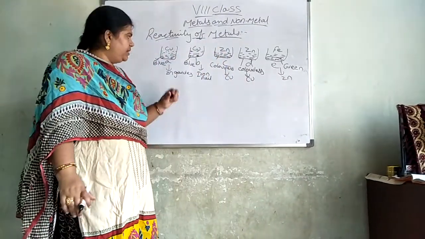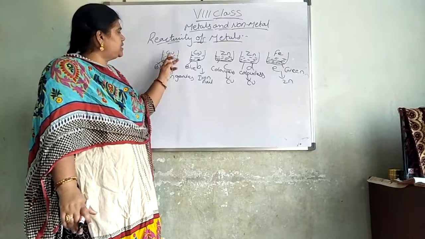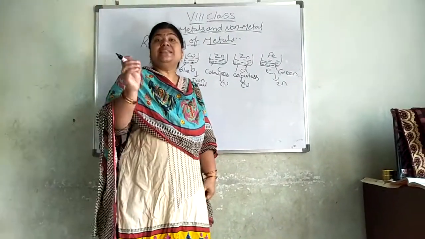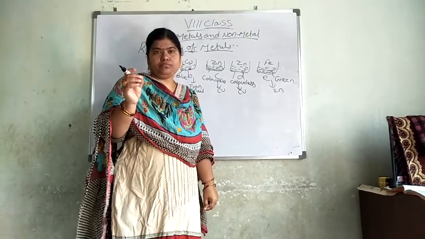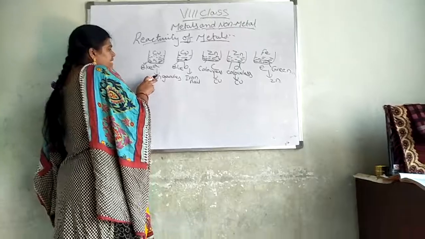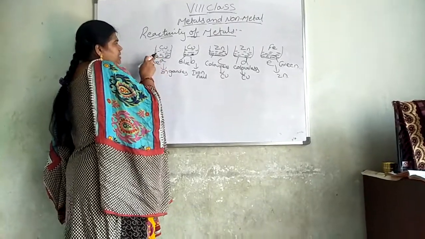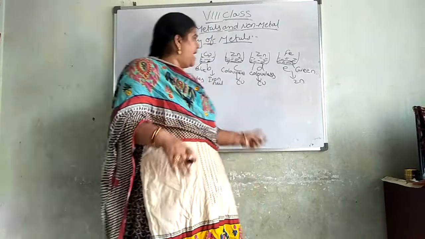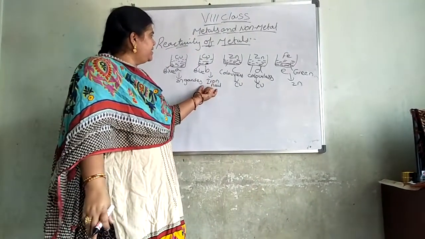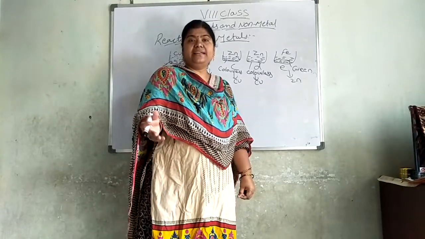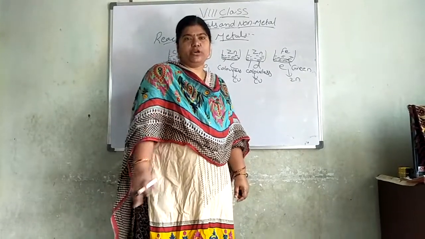When we are observing, when zinc reacts with the copper sulfate, we get zinc sulfate. And here, when iron reacts with the copper sulfate, we get iron sulfate, plus copper will be deposited.